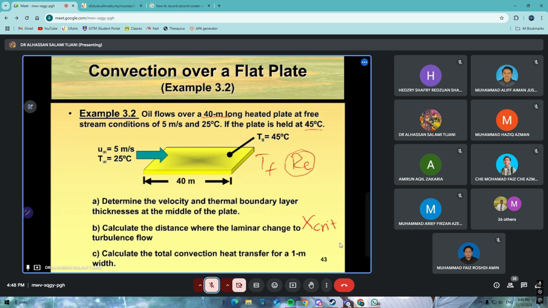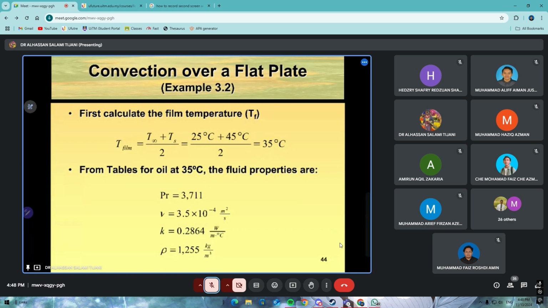And then the last portion, calculate the total convection heat transfer for 1 meter width of the plate. Like you have seen, the film temperature is given by 35. So it is based on this temperature that we will select our Prandtl number, kinematic viscosity, thermal conductivity, and density of the fluid.